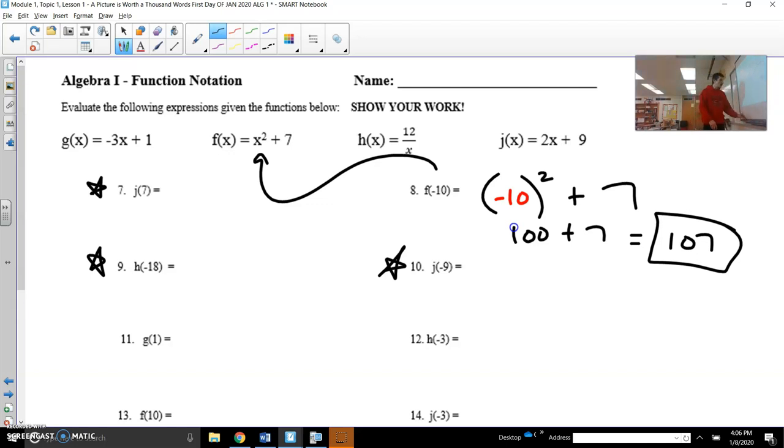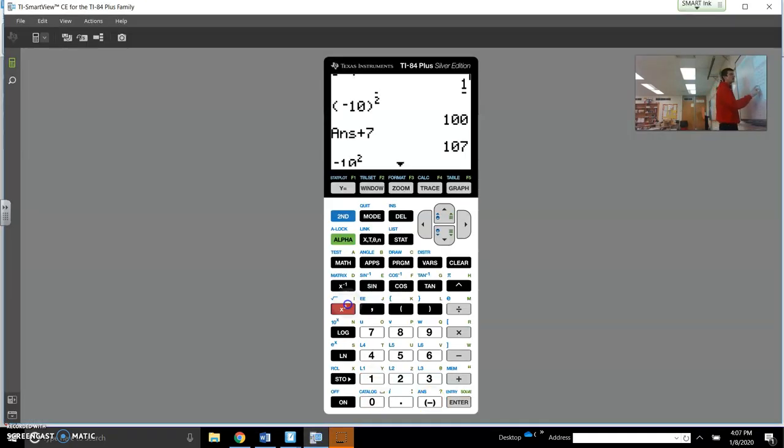But if you were to be in a hurry and just type in negative 10 squared plus 7, the calculator doesn't receive the understanding that you want it to understand. For example, this first part, this calculator believes you mean this. Sorry, I missed the 1 there.